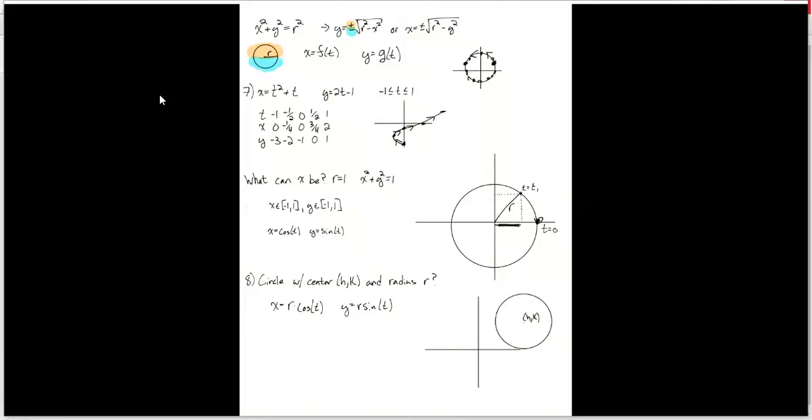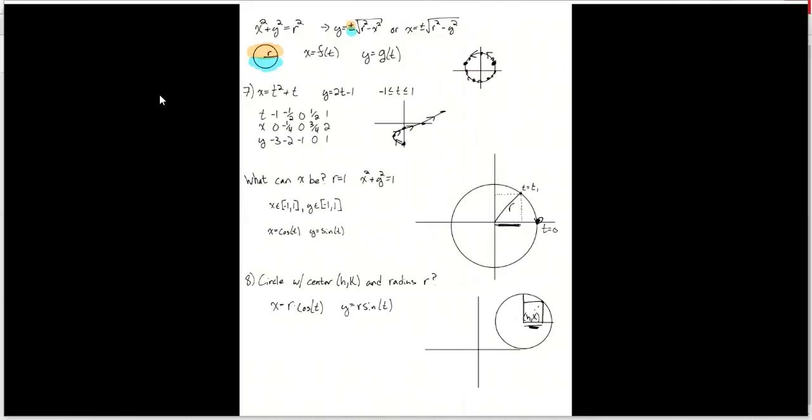And if we wanted to look at the x coordinate, and the y coordinate, well, this x here is defined by our r cosine t.